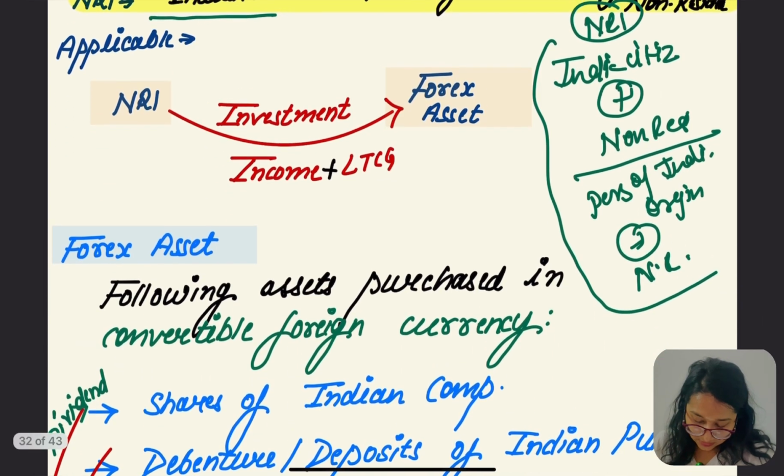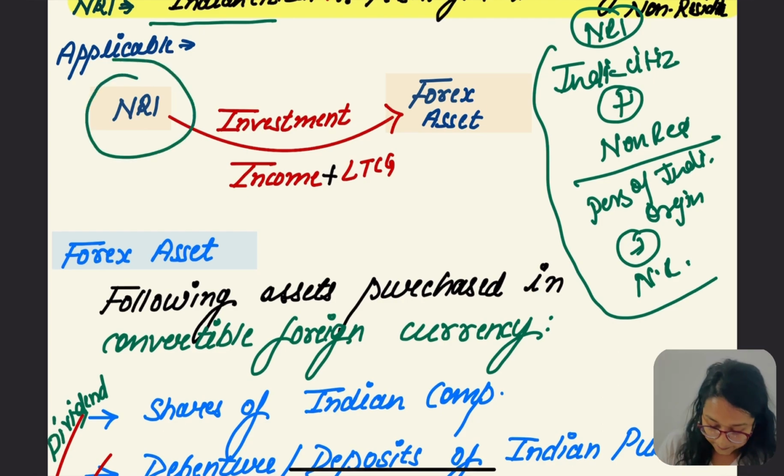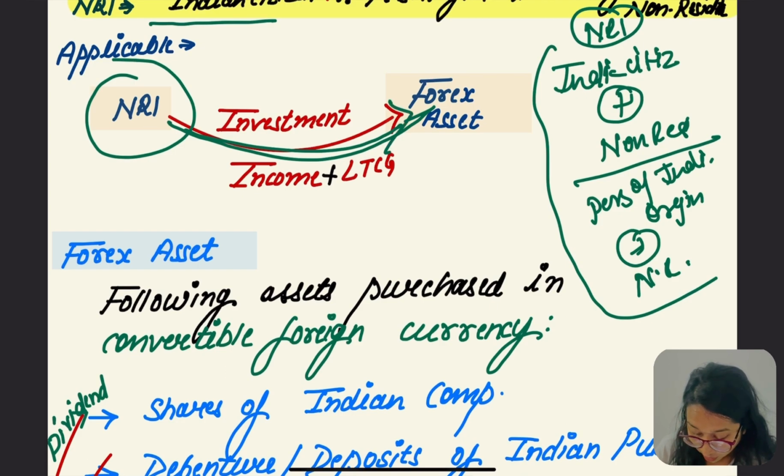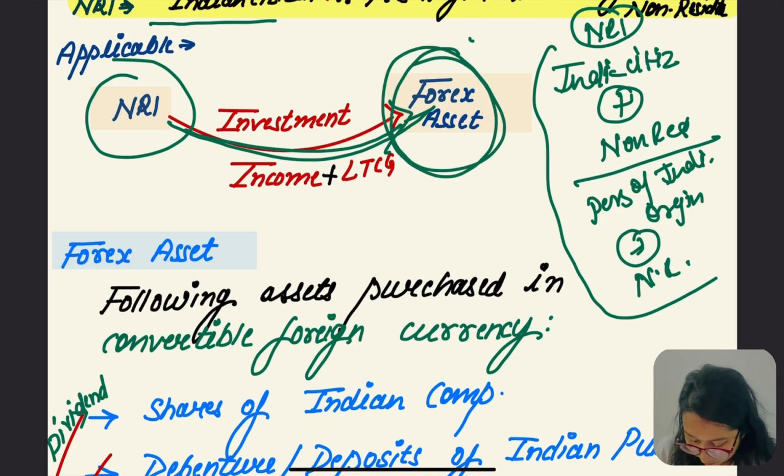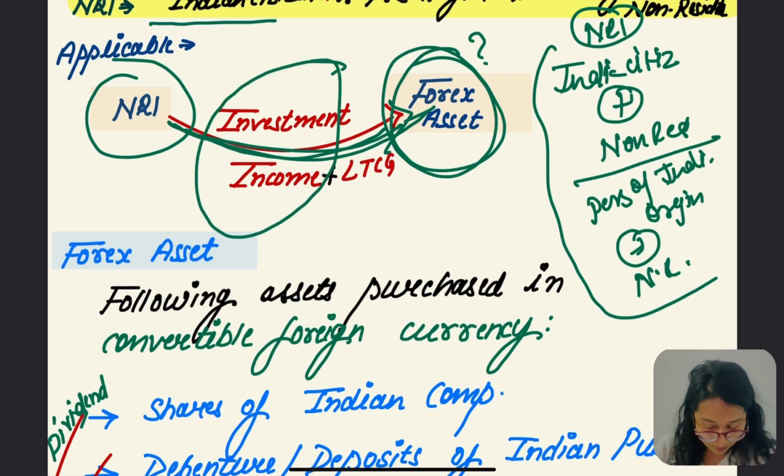So let's check out the NRI transferring a foreign asset. Now we have to find out the meaning of foreign exchange asset. Once they transfer this foreign exchange asset, they'll get either interest, investment income, or long term capital gain will arise.